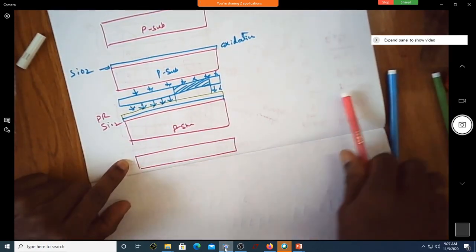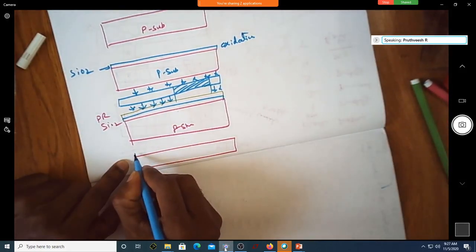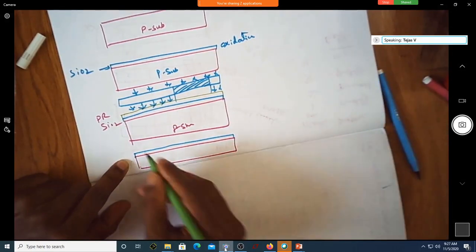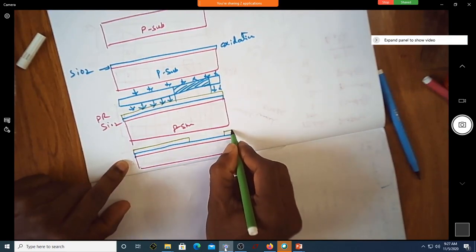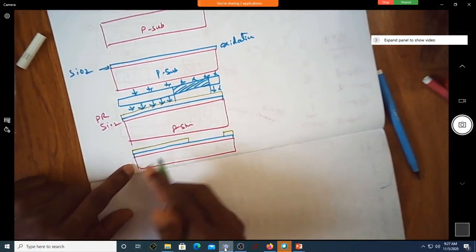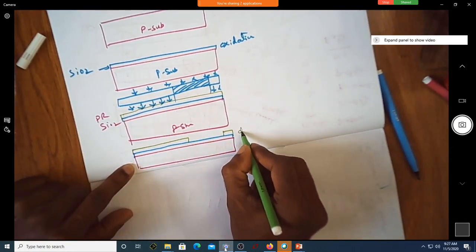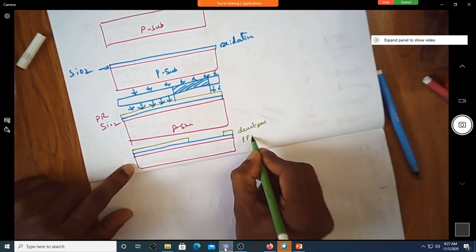Of course, this will be there intact. SiO2 will be there intact, whereas this portion will be something like this. Correct? Can you see what is the process that has happened? Here you have developed the PPR or NPR.